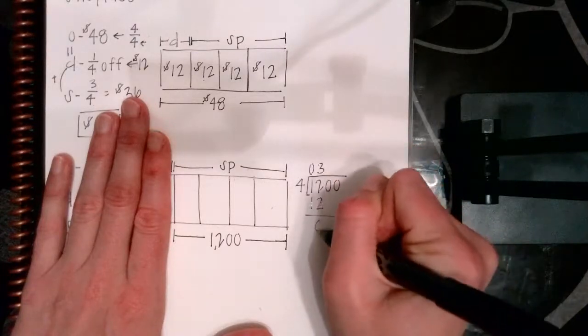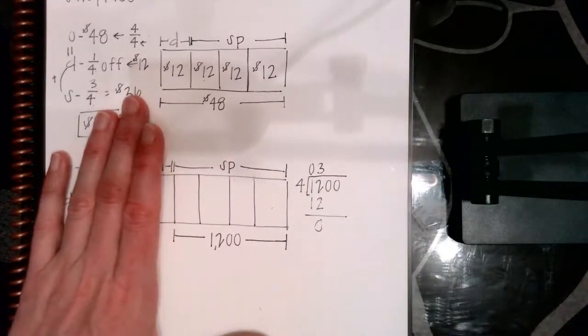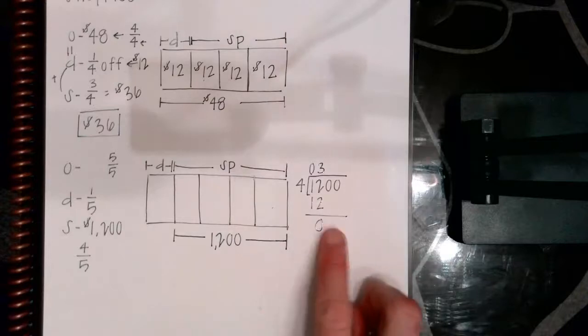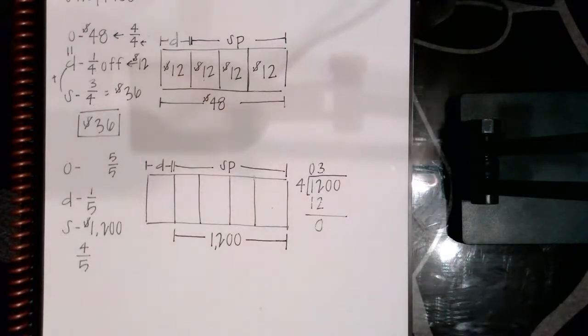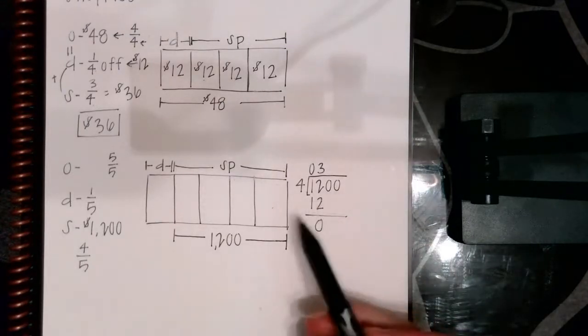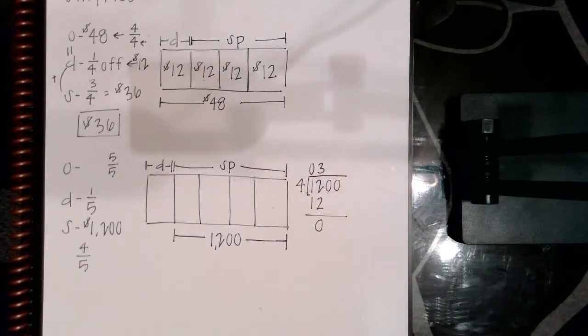A lot of us recently have been making the mistake and saying, oh, I'm done at this point. But there's no way that 4 can go into 1,200 only 3 times. If so, I would love for 3 people to give me $4, because then I would be living the life.